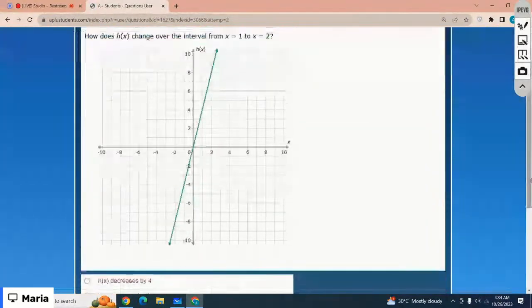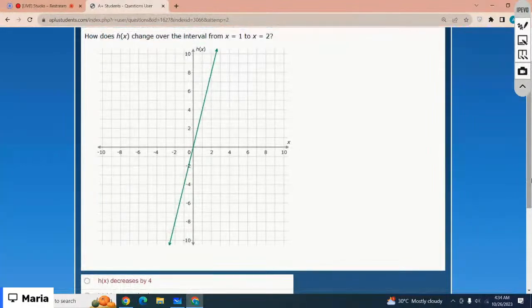Okay, how does h of x change over the interval from x equals 1 to x equals 2?